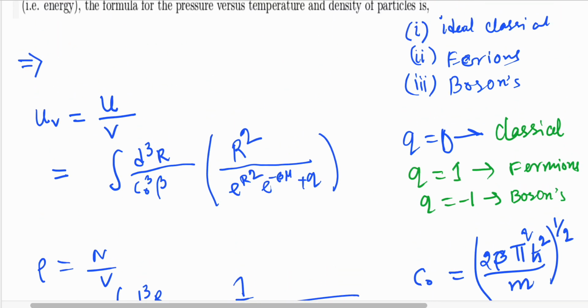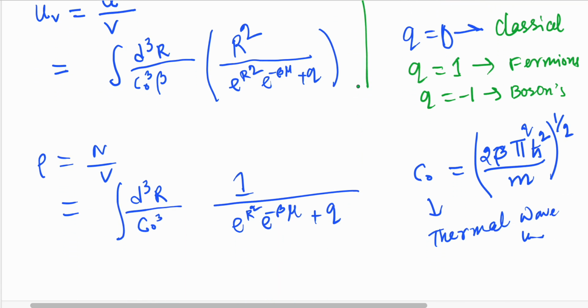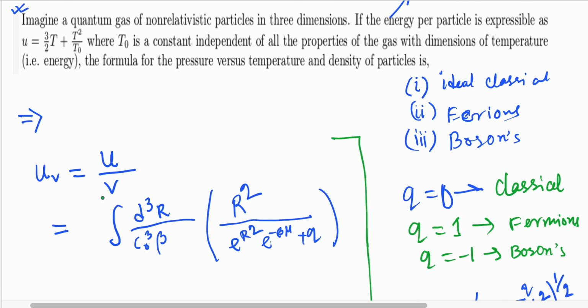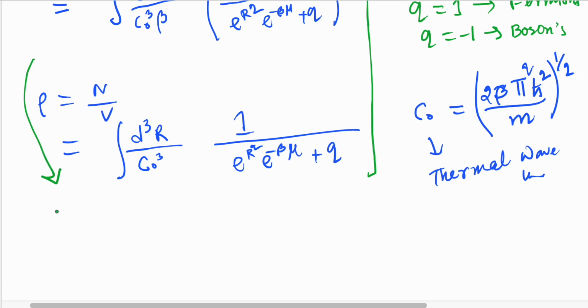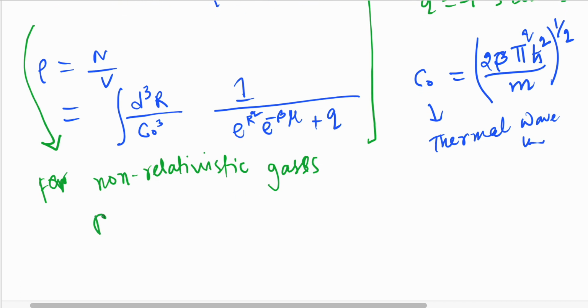Now one thing has to be noted here, this is crucial: these two expressions are only valid for non-relativistic gases, that means gases whose energy-momentum relation is p square by 2m.